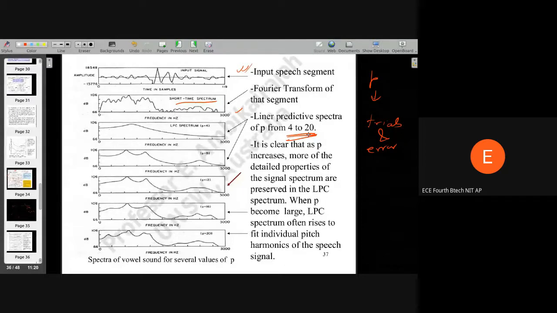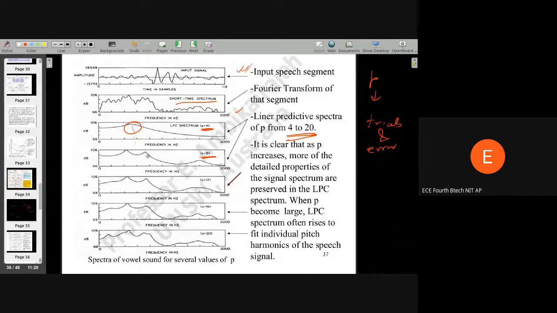If you have p too low, you see your formants are not represented properly. Only one is shown, and the position is not correct. If you increase it, here this is p equal to 4, this is p equal to 8.